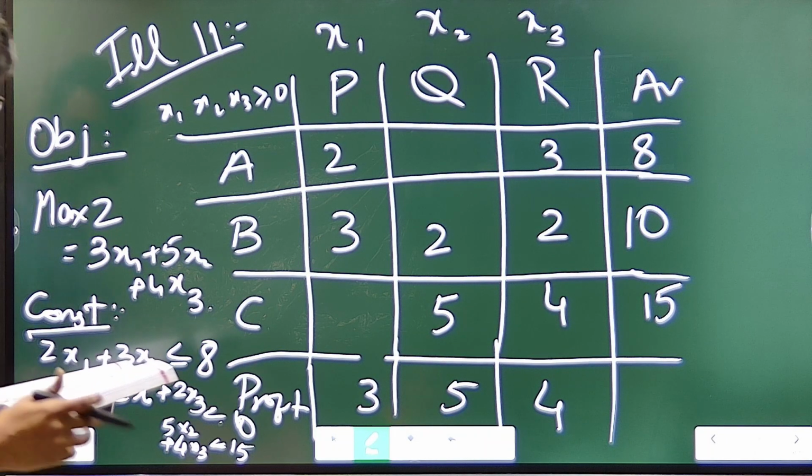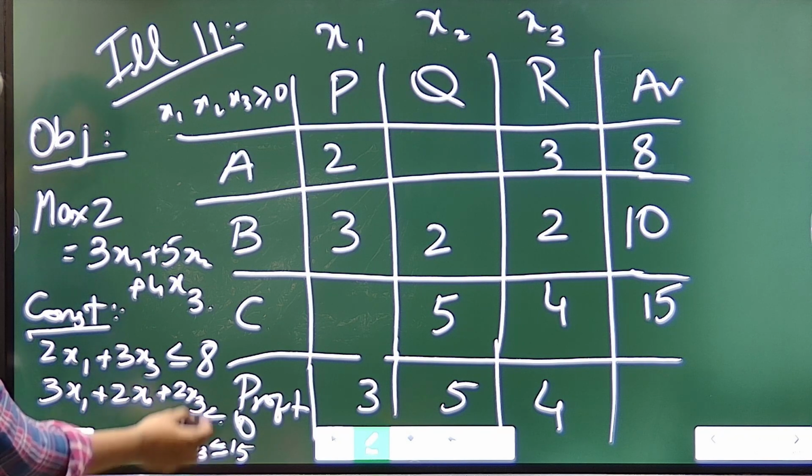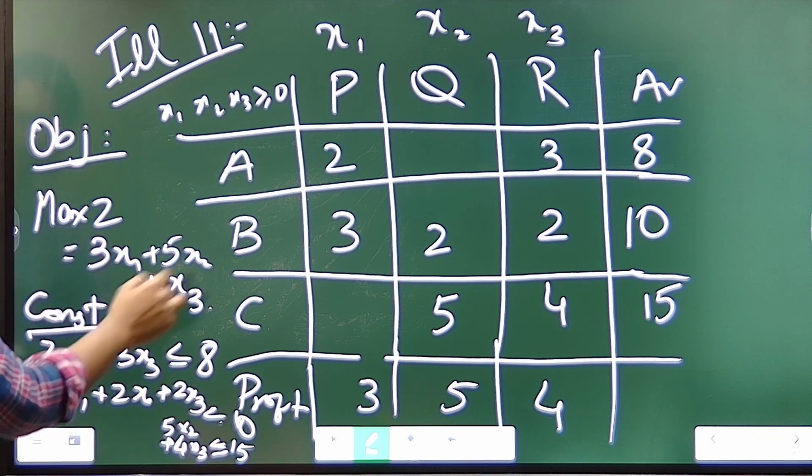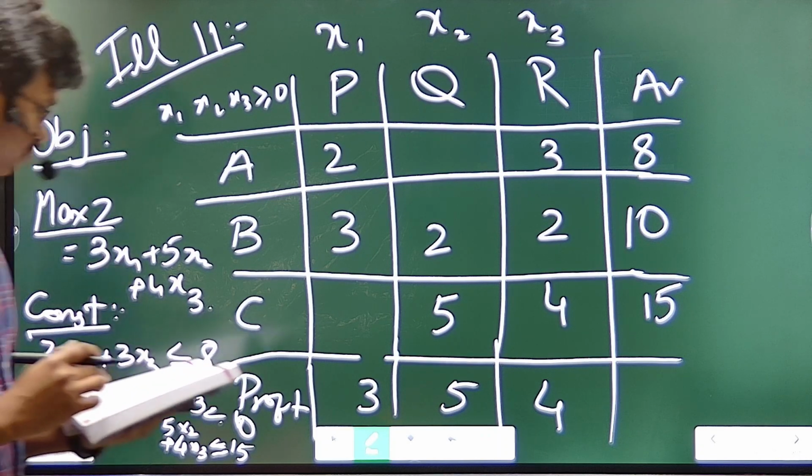Is this in canonical form? For maximize, all the constraints should be less than or equal to. So this is already in canonical form, because you have 3 less-than constraints and this is a maximize function. And what is the third step?